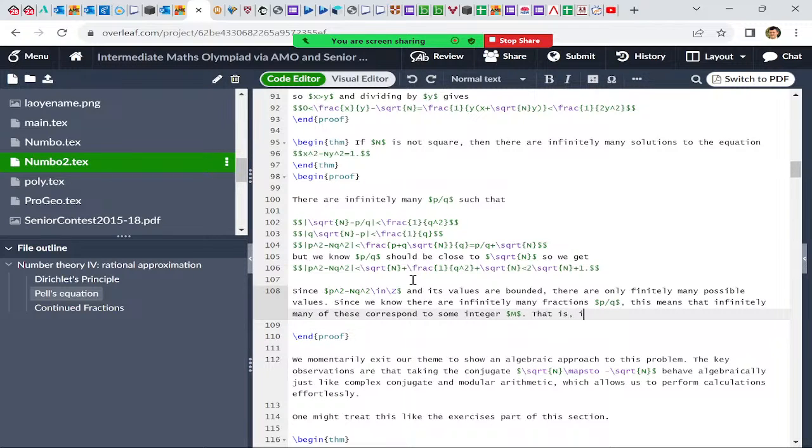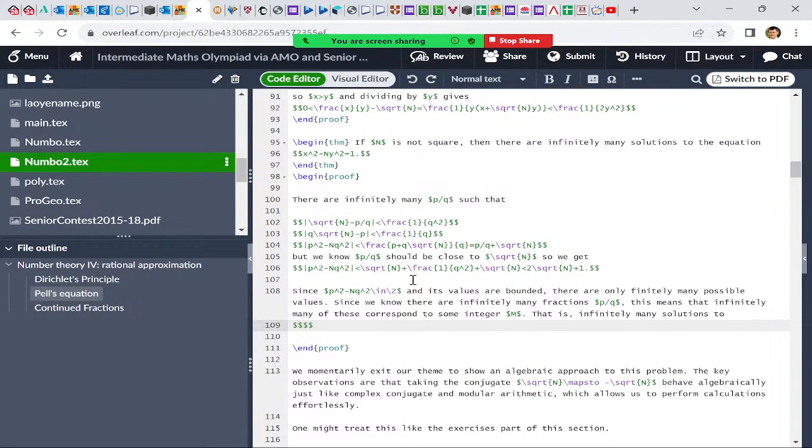That is, there are infinitely many solutions to p squared minus n q squared equals m.